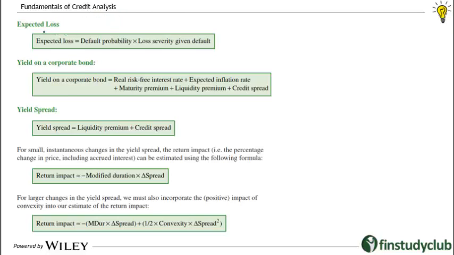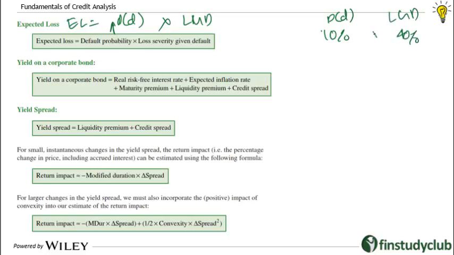Quick explanation. Expected loss is equal to default probability into loss severity given default, which is LGD. So PD into LGD gives you your EL, and that's quite plausible. If there's, let's say, a 10% probability of default, and given that there is a default, I'm going to lose 40% of my money, then 10% into 40%, 4%, is going to be my expected loss.